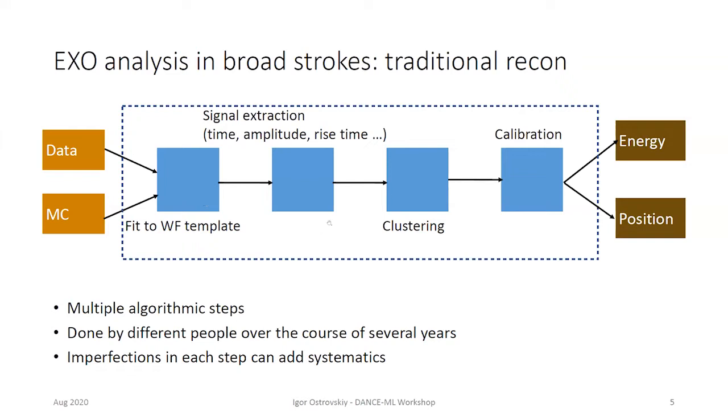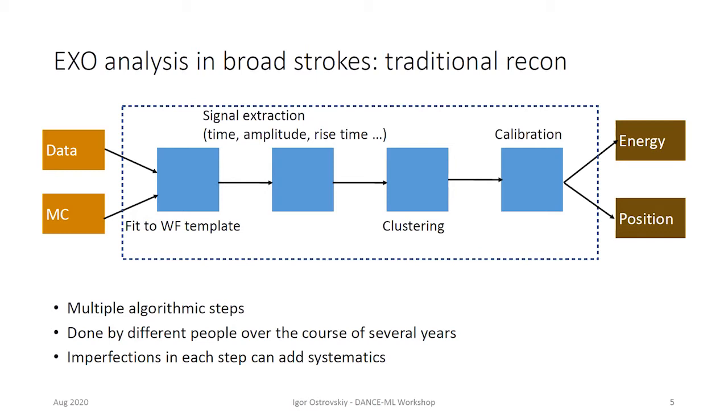Match filtering, denoising, clustering, whatever, right? And so that's what I mean by traditional reconstruction. So that box is not a black box, because you know exactly what's going on there. But I would say it's also not a white box. I would say it's maybe a gray box, because there may be some built-in assumptions that you're not always aware of, or maybe even sometimes mistakes and imperfections that you don't always find immediately.